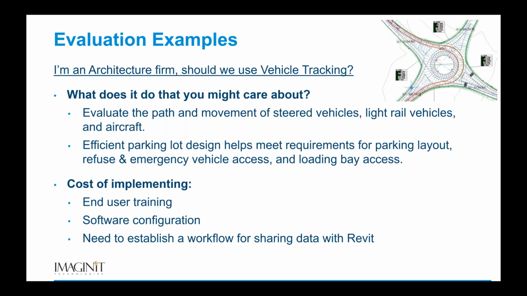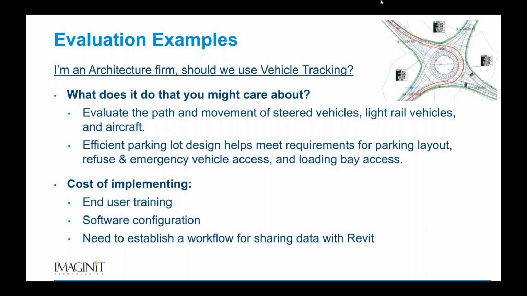Now it's AutoCAD based, so the last bullet on the screen here is needing to establish a workflow for sharing data with Revit if you're a Revit house. We need to think about that because vehicle tracking is AutoCAD based, any flavor of AutoCAD. I had it running on top of AutoCAD MEP recently. It can be as simple as going through some of the wizards inside the software to create a quick little detail sketch that includes the available turning radius for the vehicle that you care about, and just linking that into Revit for design validation.